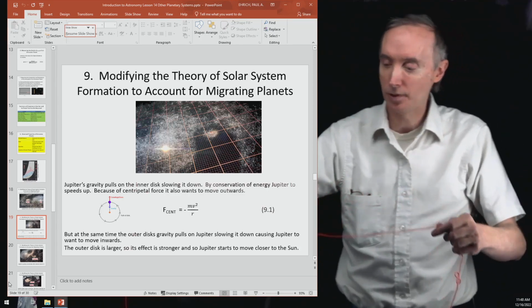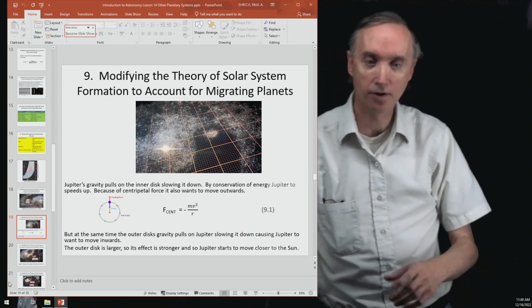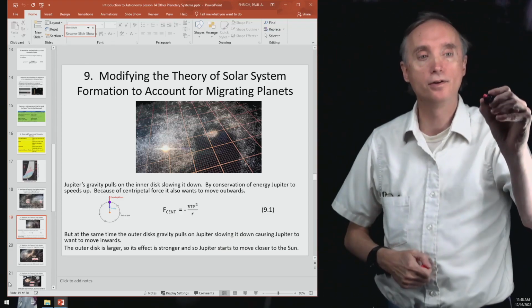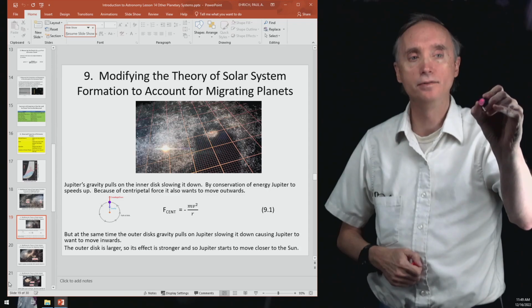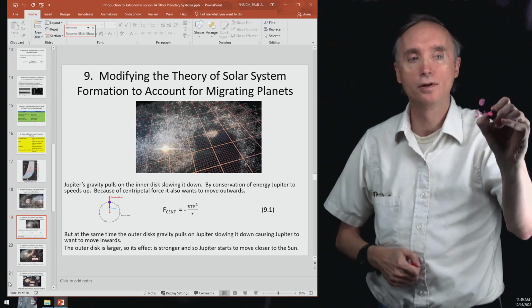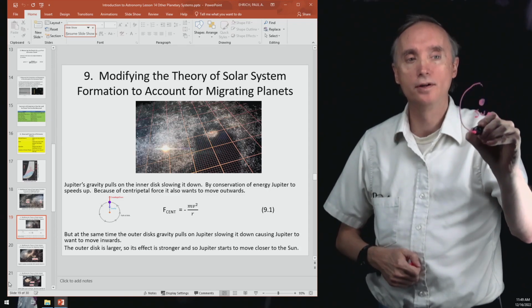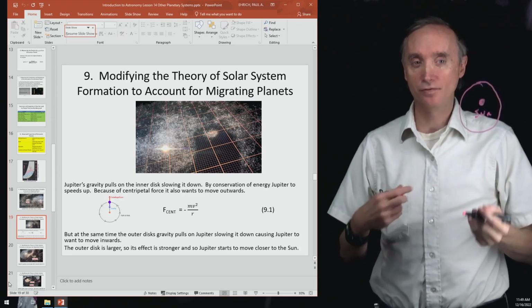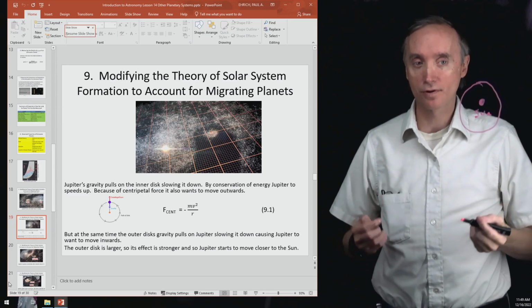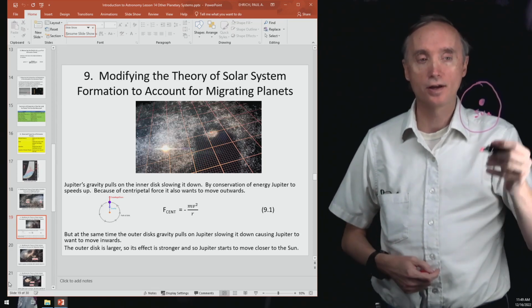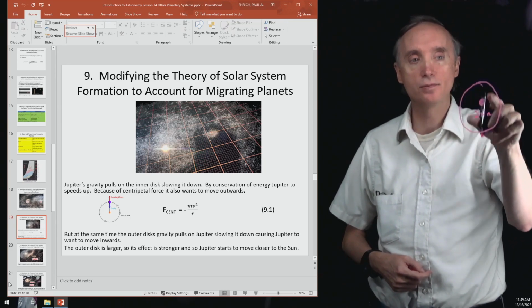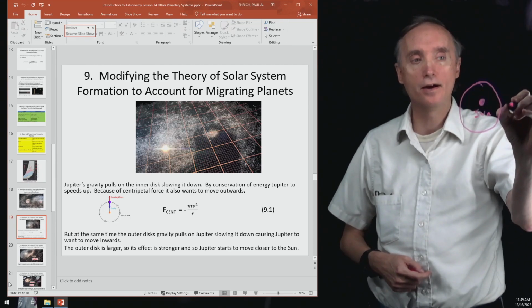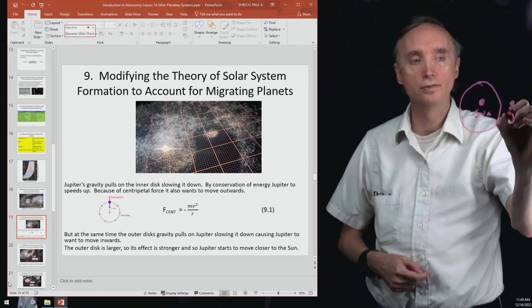So let's draw a picture of what's going on here. You're going to have the sun in the middle. Okay, then surrounding the sun is going to be a disk of material that is eventually going to become the terrestrial planets. Okay, then outside this disk of material, we're going to have Jupiter.